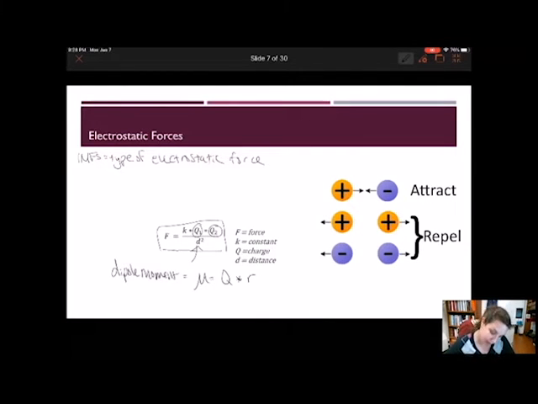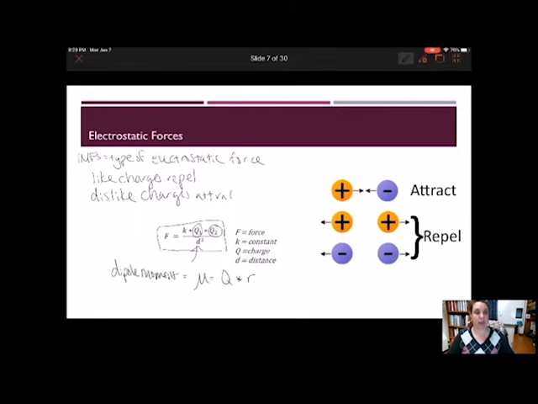So always keep in mind, like charges repel, and unlike charges attract. Okay, so keep those in mind when we're talking about our intermolecular forces.